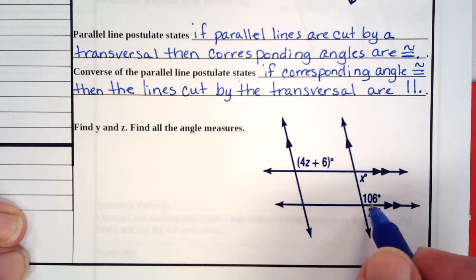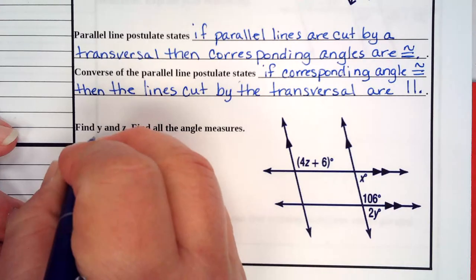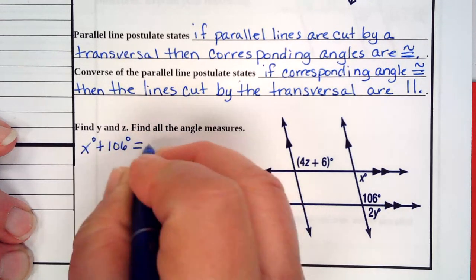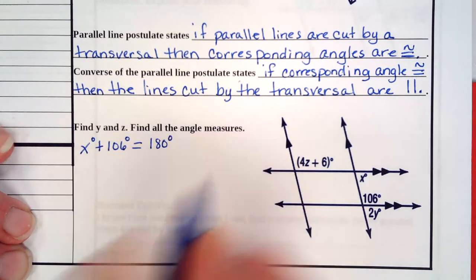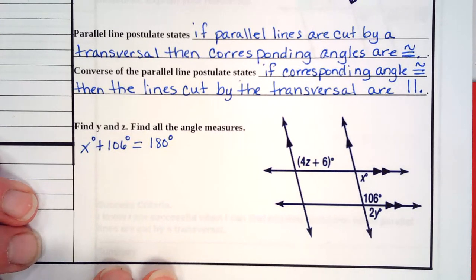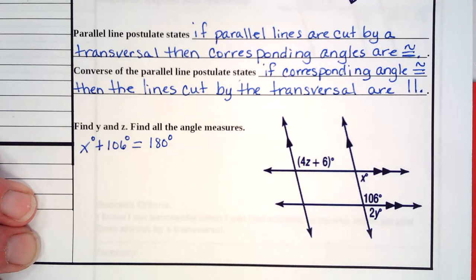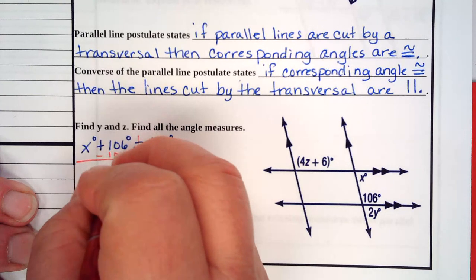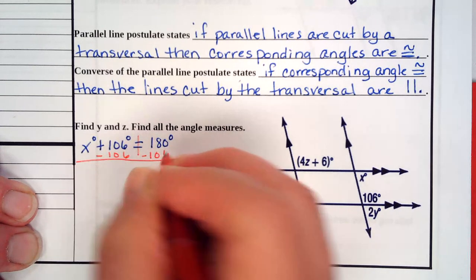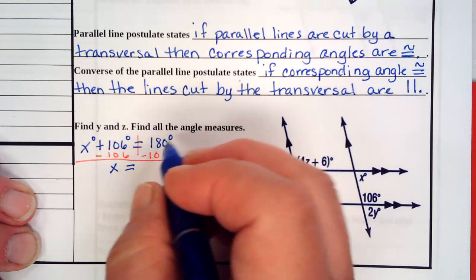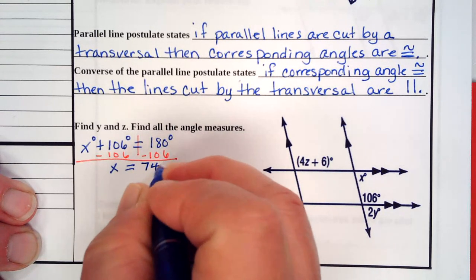So I know x degrees plus 106 degrees is equal to 180 degrees. Subtract 106 from both sides. And x is equal to 74 degrees.